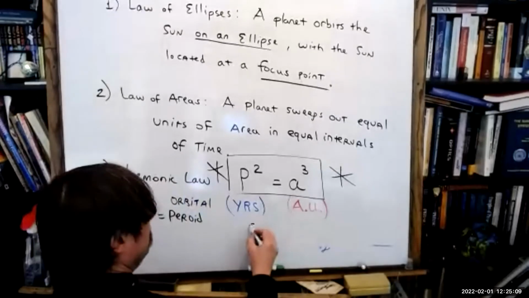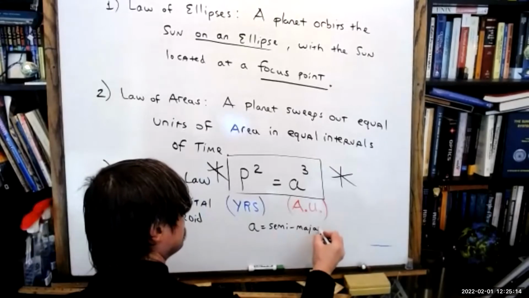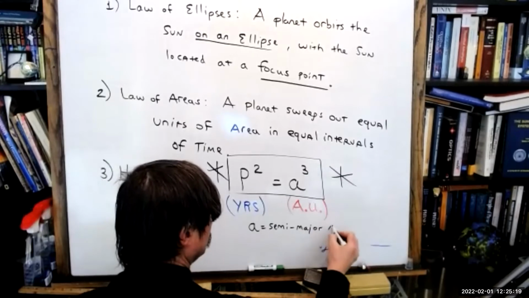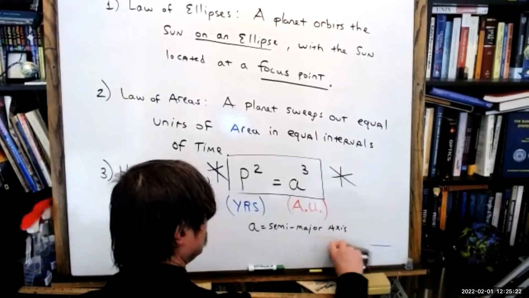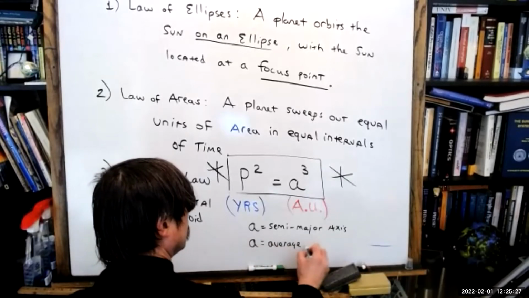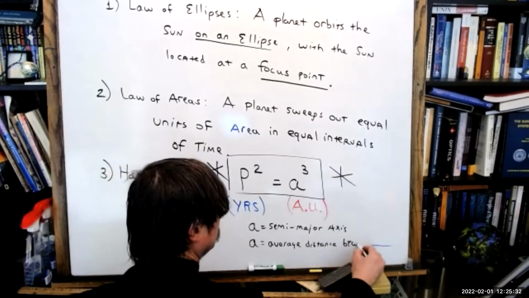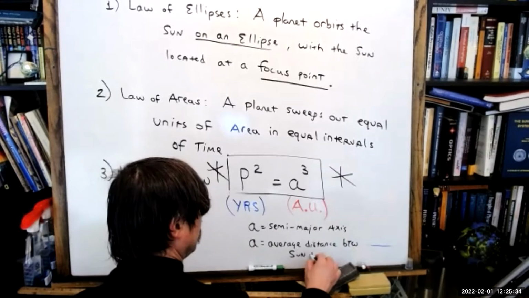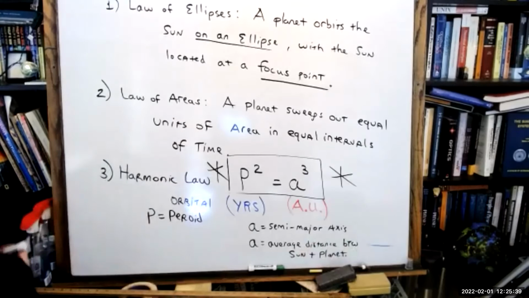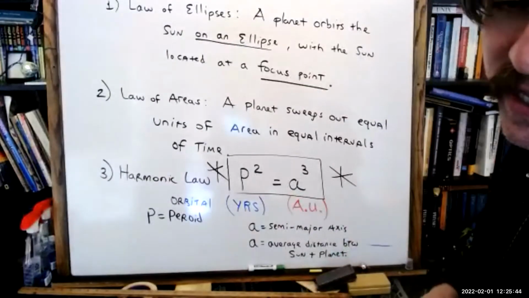A is both the semi-major axis of the ellipse, but A is also the average distance between the sun and the planet. And that's something that you might have to slow down and think about carefully before you potentially get yourself screwed up somewhere.